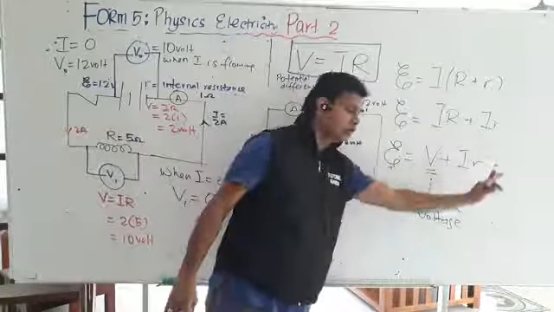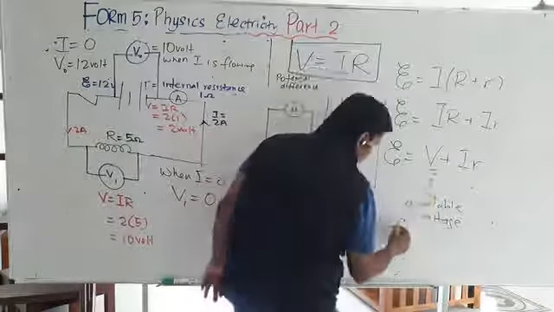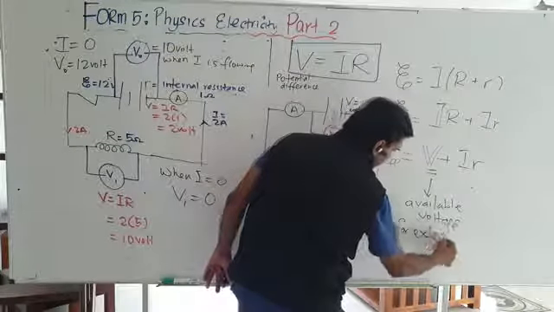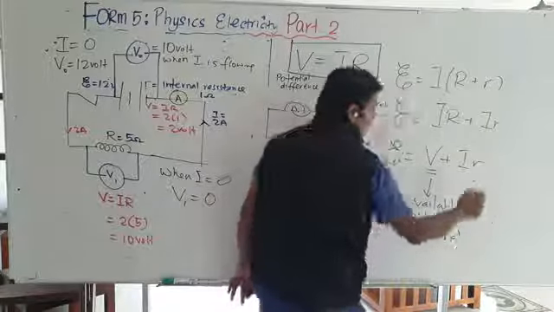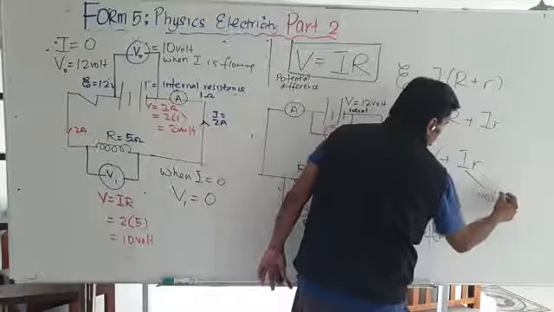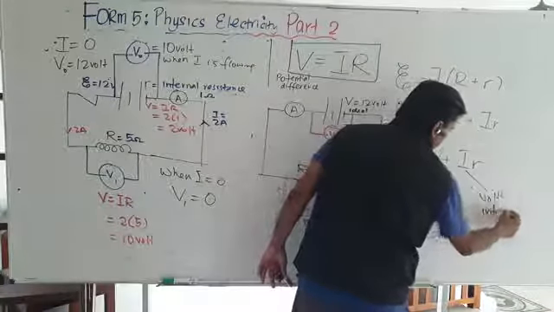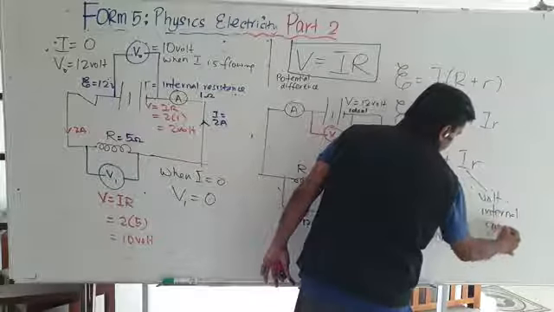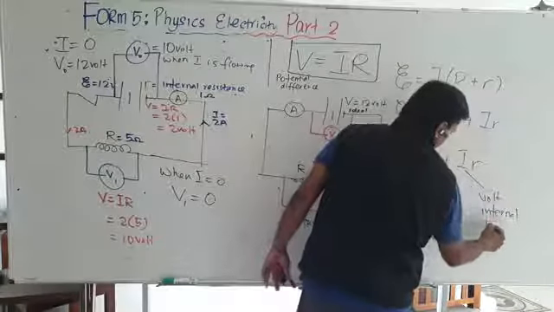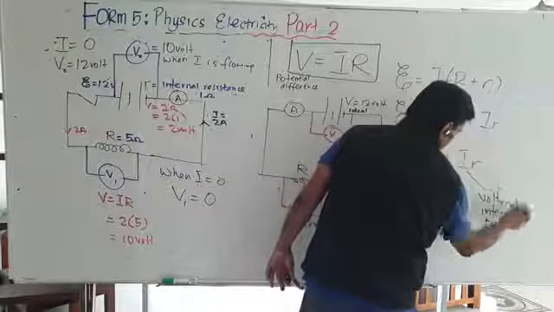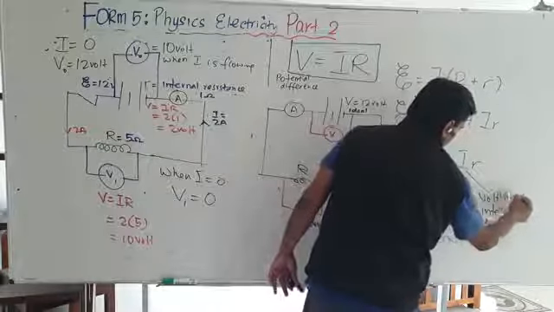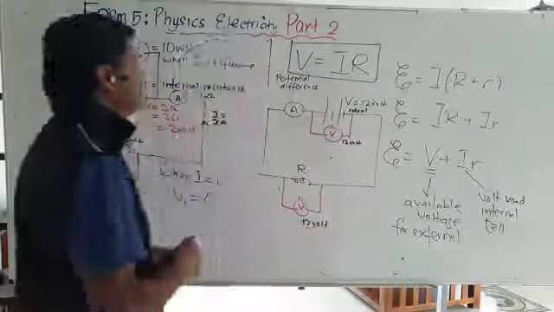This is the internal voltage, Ir, the voltage lost inside the internal battery cell. So I want you to understand this formula.